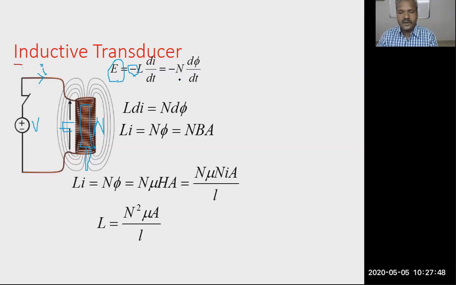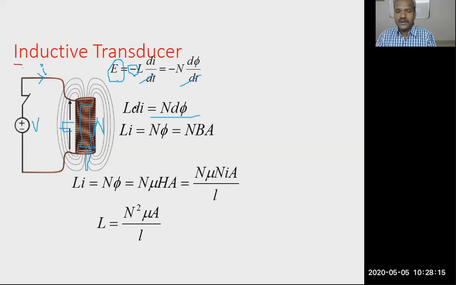Okay, sorry. E equal to minus L di by dt, which is equal to minus N d phi by dt. So phi is the flux linkage. By equating this, we get L di by dt equal to N d phi by dt.